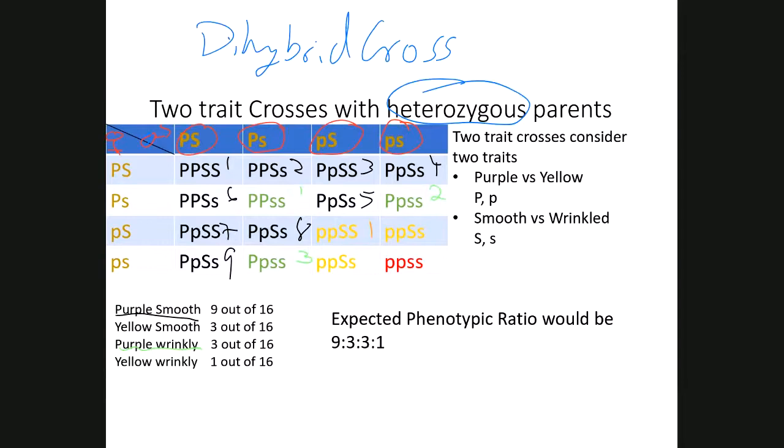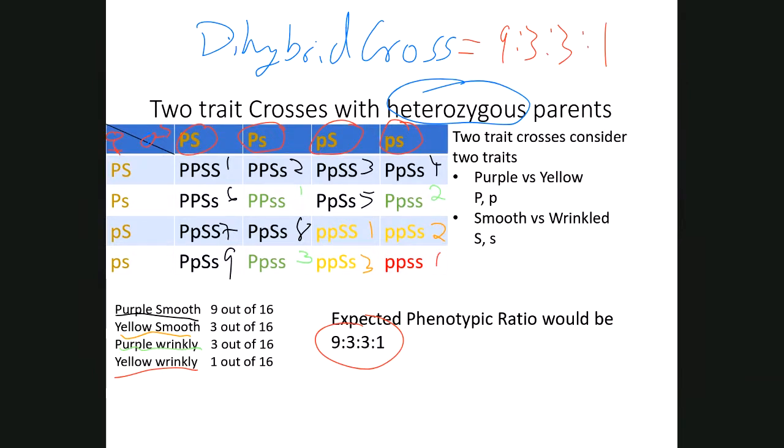1, 2, and 3 are going to be yellow and smooth. And only 1 is going to be yellow and wrinkly. So we have this phenotypic ratio of 9 to 3 to 3 to 1. Dihybrid crosses equal 9 to 3 to 3 to 1 expected phenotypic ratios.